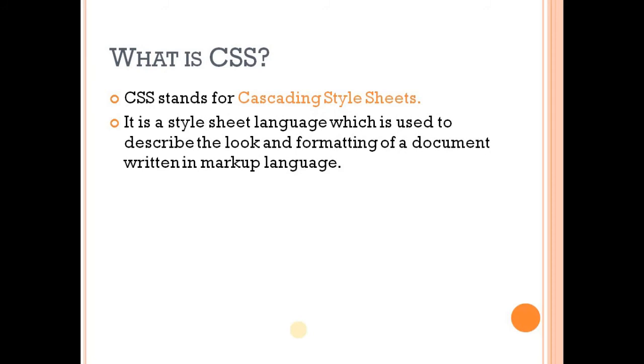It is a style sheet language which is used to describe the look and formatting of a document that is written in a markup language. So this line wants to say that it is a style sheet language, as you can see in the full form of CSS. It is used to describe the look and formatting of a document. Which type of document?